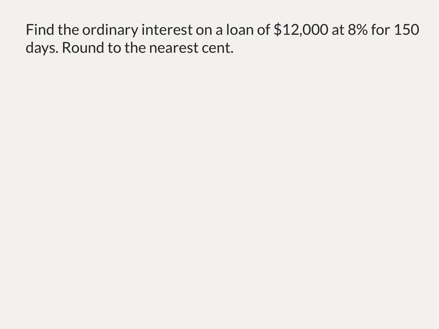Here we'll use the formula I equals PRT. We're given P, which is 12,000, and we're also given R, the interest rate of 8%. T is 150 days, but remember we want to write T in terms of years, so we have to divide by the number of days in a year. Since we're using ordinary interest, we're going to divide by 360 because ordinary interest assumes that there are 360 days in a year.